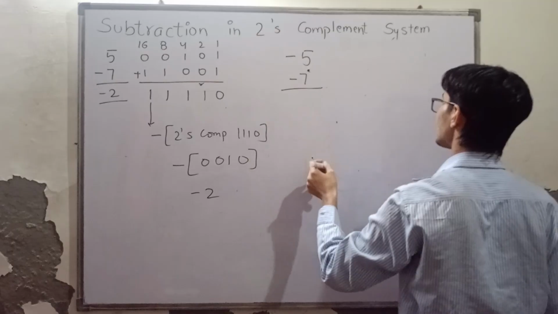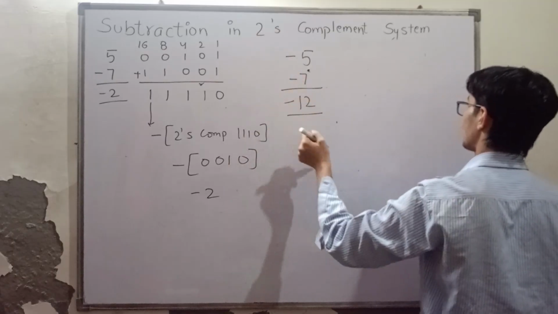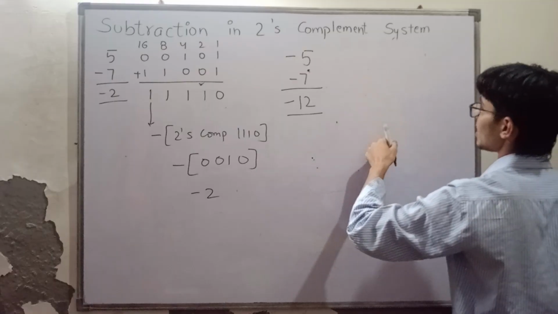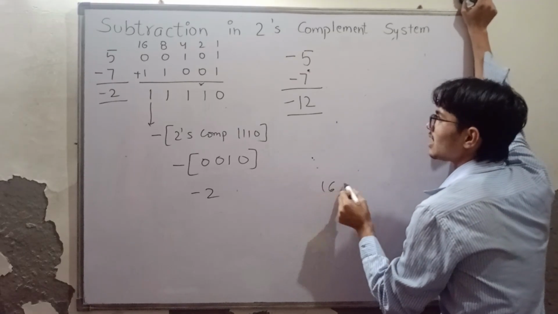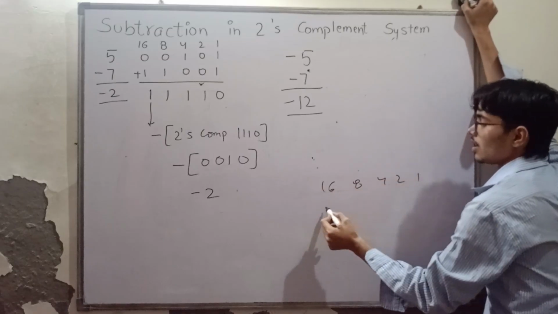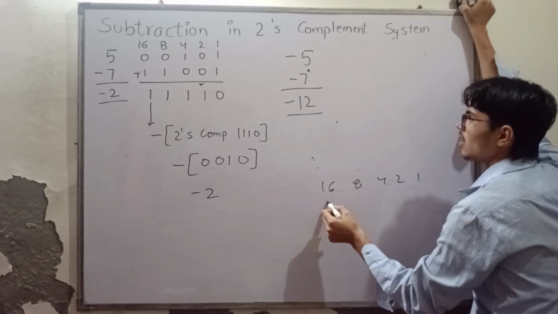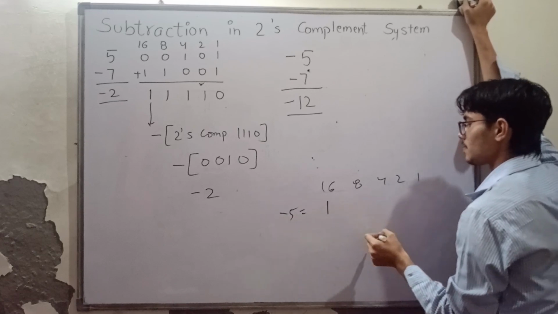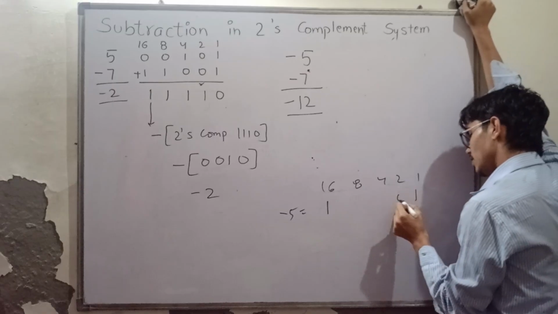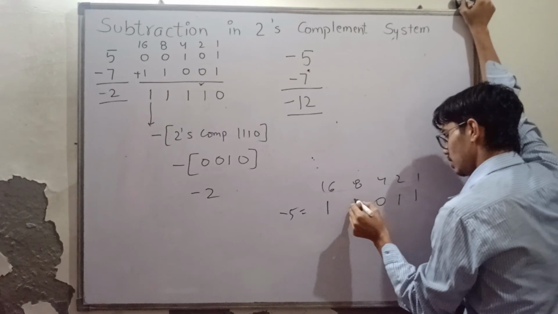So let's solve this. What was the answer for minus 5 plus 7? We already saw minus 12 for the other. Okay, how do you represent minus 5 in 2's complement? 16, 8, 4, 2, 1. For minus 5, you represent 1 1 0 1, sorry, 1 1 0 1 1.